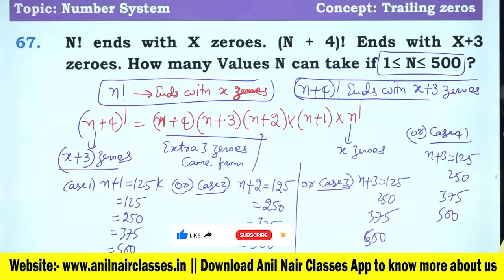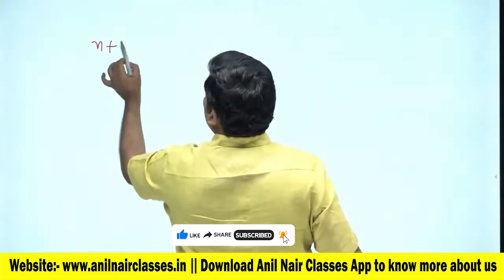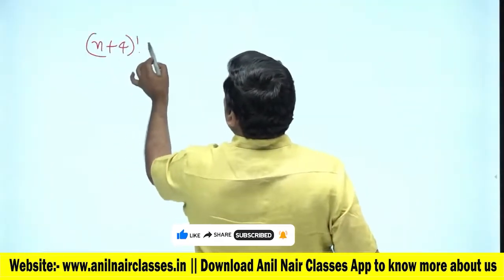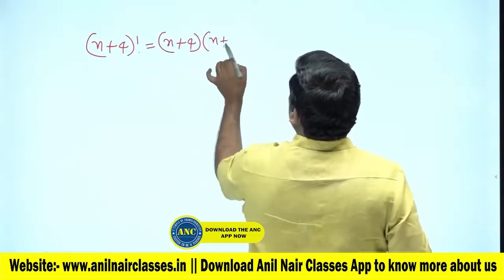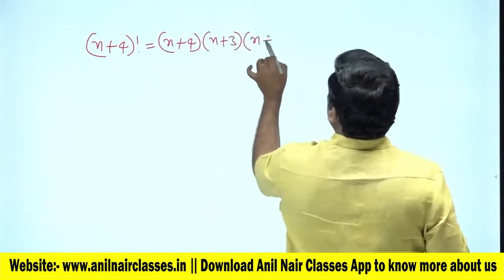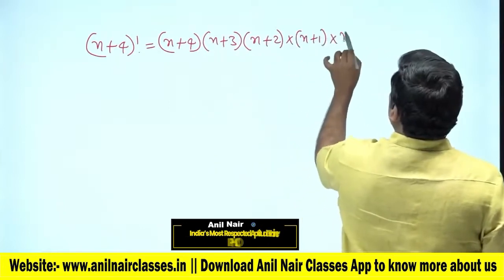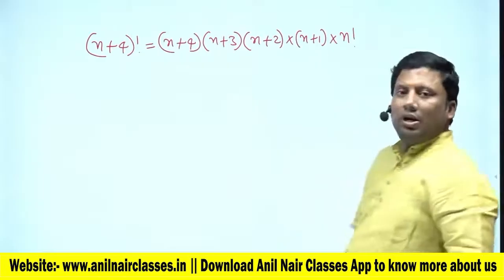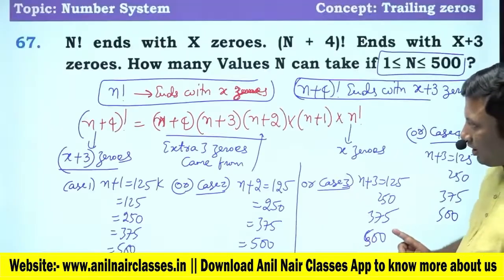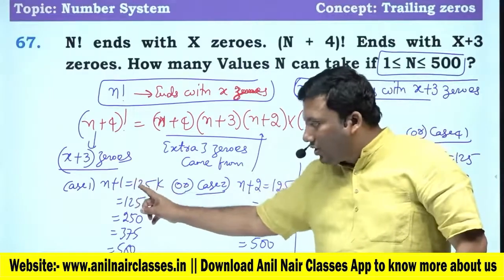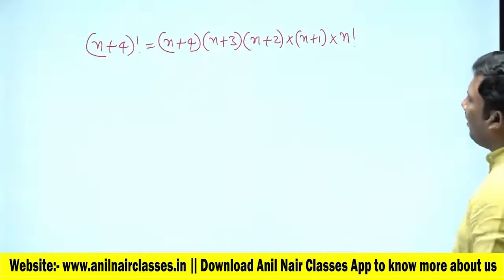Let me do it with an example to show what is happening here. N plus 4 factorial is n plus 4 into n plus 3 into n plus 2 into n plus 1 into n factorial. Listen carefully, sir. Case 1: n plus 1 is 125.